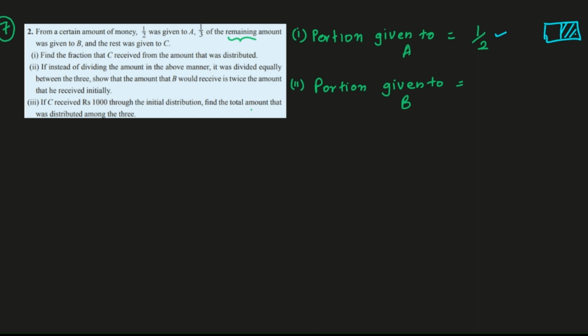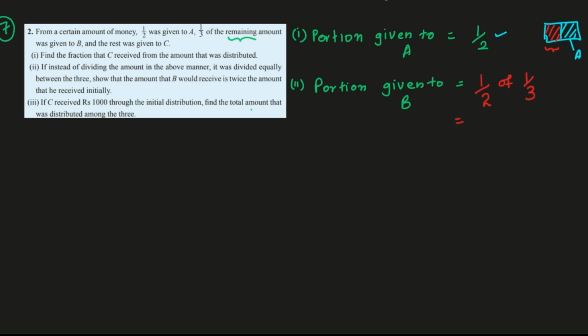Half was given to person A, and there's a remaining portion, which is colored in red here. So out of the remaining portion, one third was given to person B. So you know that the remaining amount is what? It's half. One third of this remaining portion.